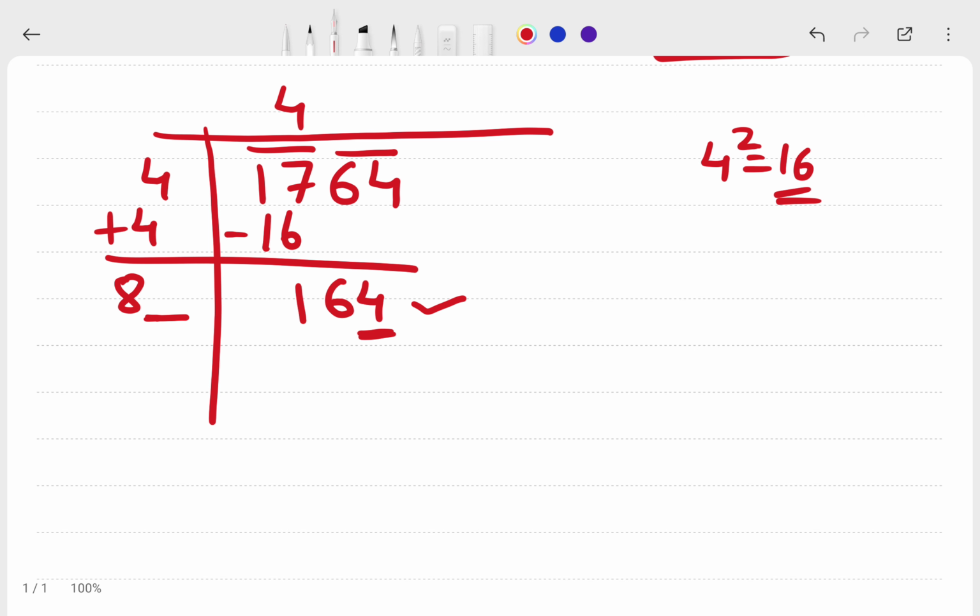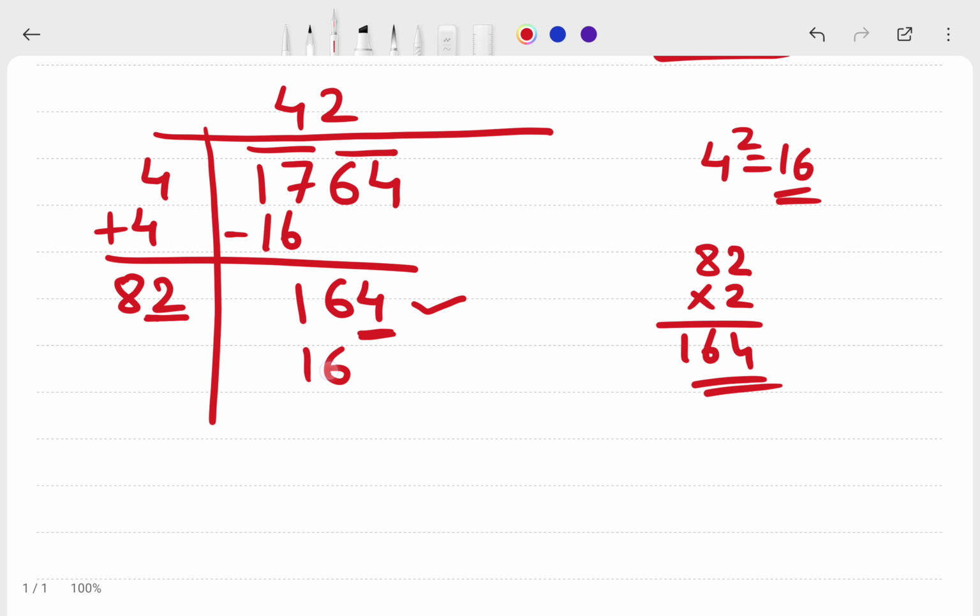So we need that number whose square's ones place digit is 4, and this time we will go with 2. So 82 multiplied by 2 is 164, what we wanted.